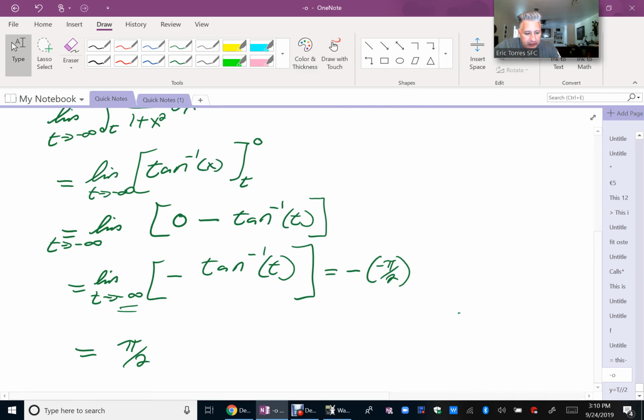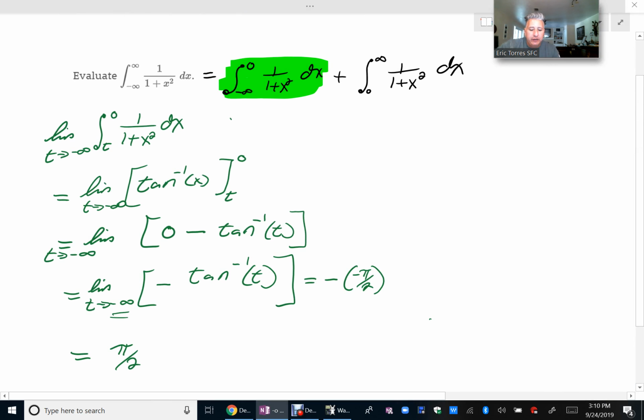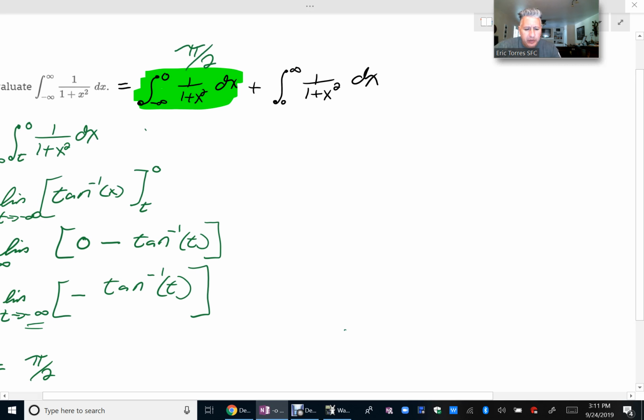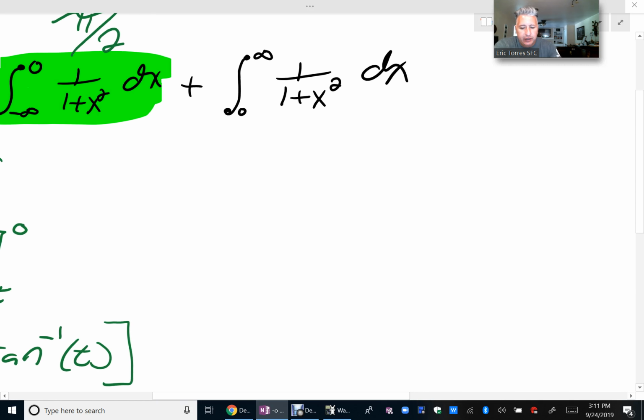Let me zoom out of what I've been doing. I've just evaluated the green part, and I figured out that it is pi over 2. Now I'm going to do the same exact logic on this side.